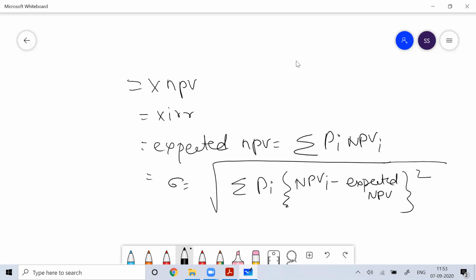That way you are talking about a tool called certainty equivalent. You can either adjust the certainty of your values, in terms of cash flows or NPV, or you may adjust your discount rate, which is called the risk adjusted discount rate.